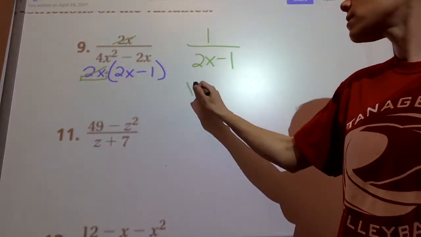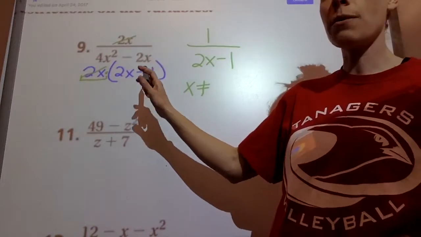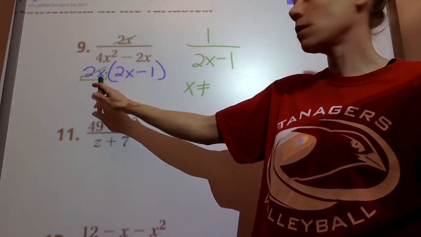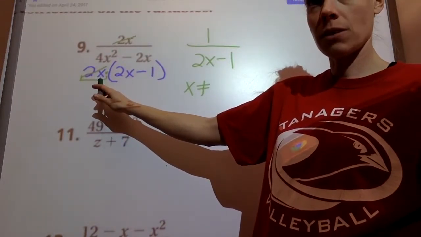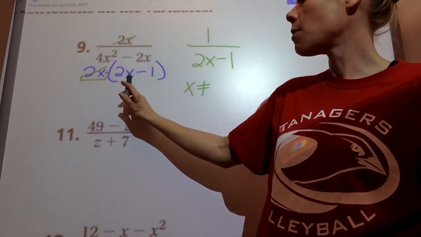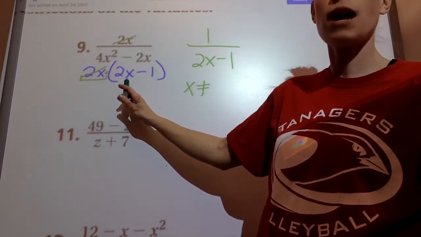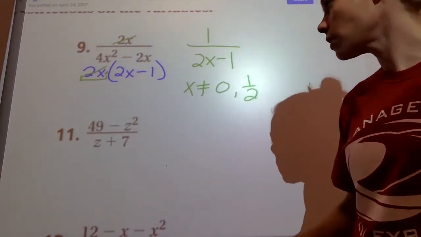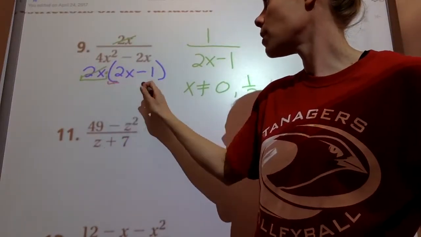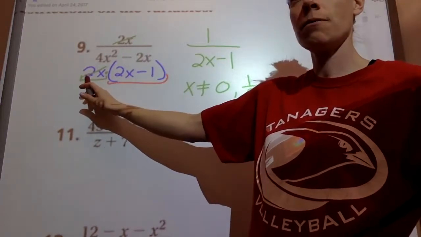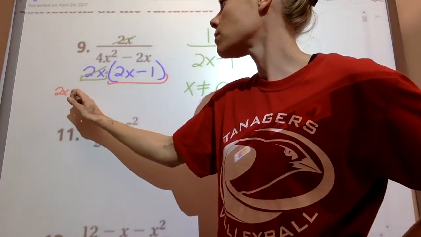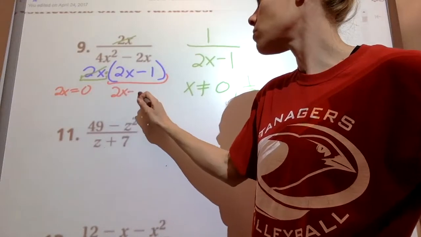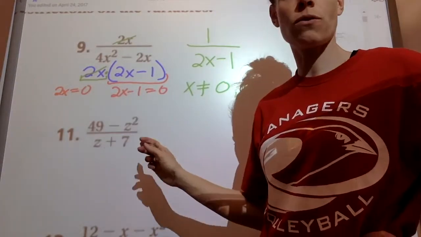Okay. So then x cannot be, I have two options now. x cannot be 0, because that would make the bottom 0, or x cannot be positive 1/2. Right? And how do you get those? Here are my two parts that I'm multiplying together. So I set 2x equal to 0, and I set 2x minus 1 equals 0, and I solve both of those.